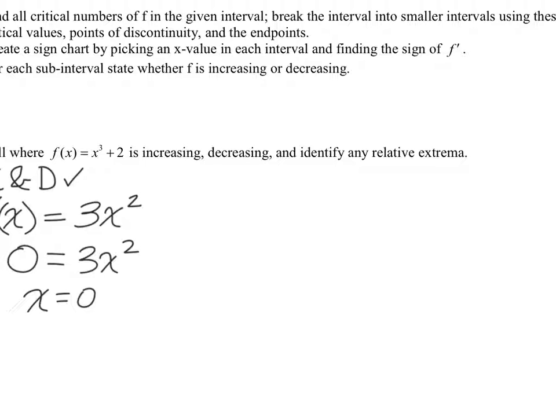So what I'm going to do is create a sign chart that compares the x values. Do we have to do like 3x squared equals 0? I should have done that, yeah. Very good, thank you.